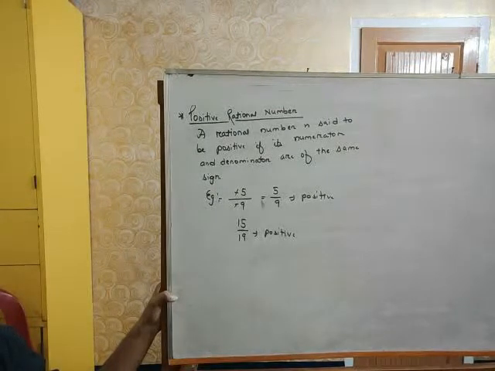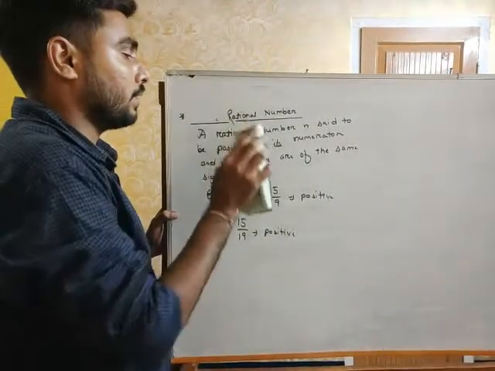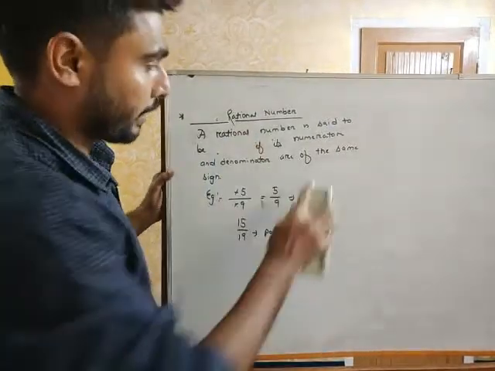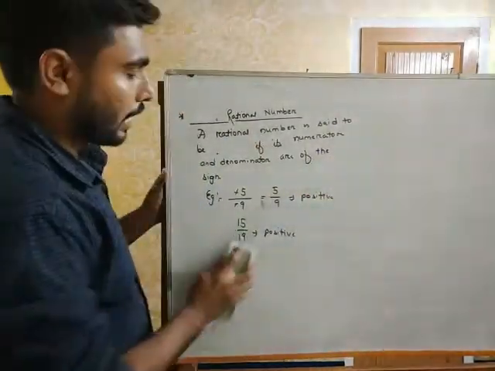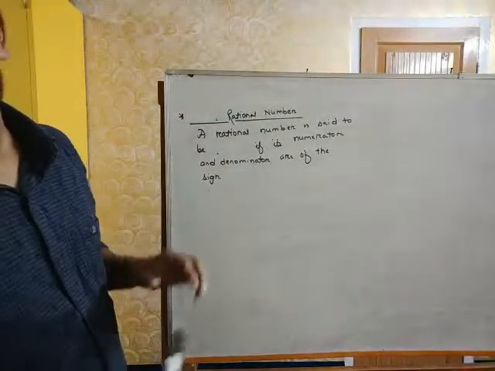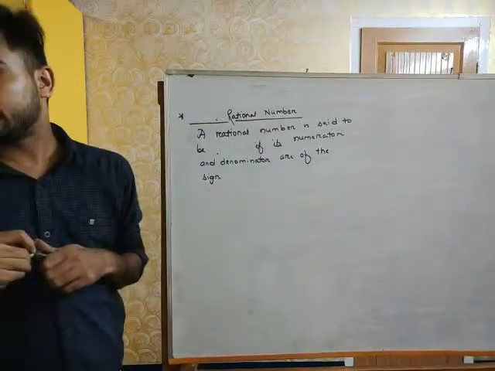Similarly, if a rational number is positive, there will be negative rational numbers also, isn't it? So we'll write negative rational number. A rational number is said to be negative if the numerator and denominator are of what sign? Very logical. If it is positive, both will have the same sign.